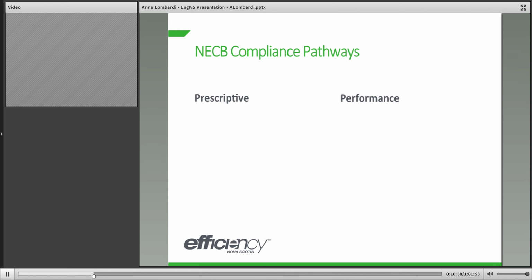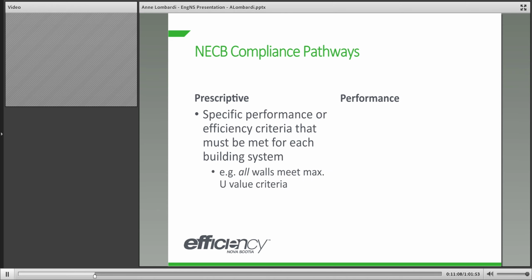Okay, so jumping into NECB and how it actually works. So if you're familiar with the NECB, you will know already that there are prescriptive and performance paths. The prescriptive path is, as it's called, prescriptive. So there is specific criteria that have to be met for each building system. So for example, all walls would have to meet the maximum U-value criteria.